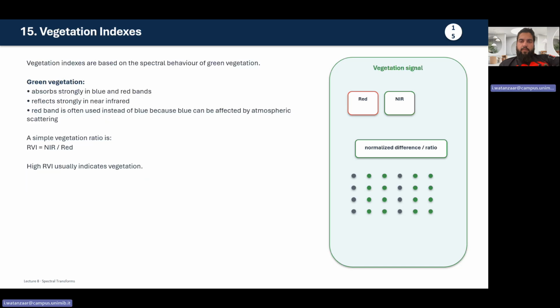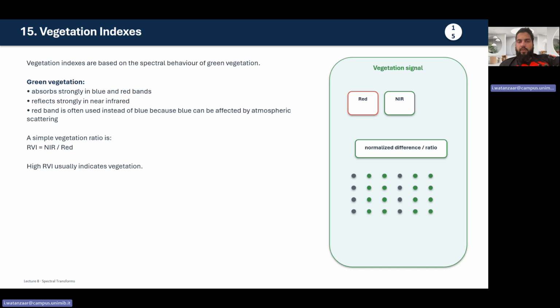Looking at some of these images, the red band is often used instead of the blue band, because the blue can be affected by atmospheric scattering. Blue and red bands are absorbed strongly, so only green remains, and the green vegetation reflects strongly in the near infrared.